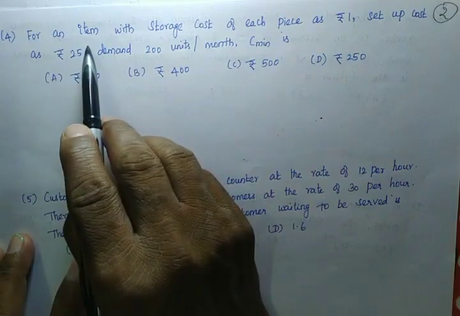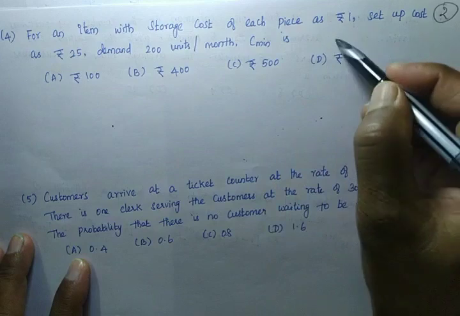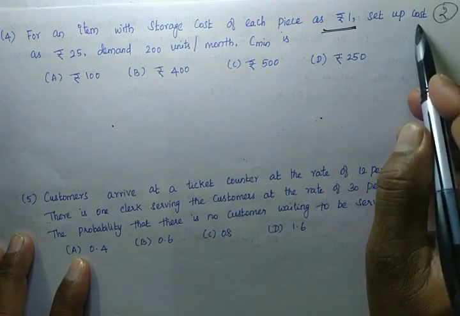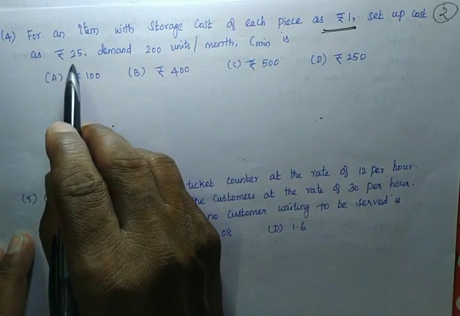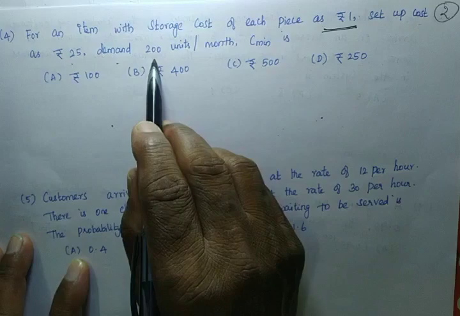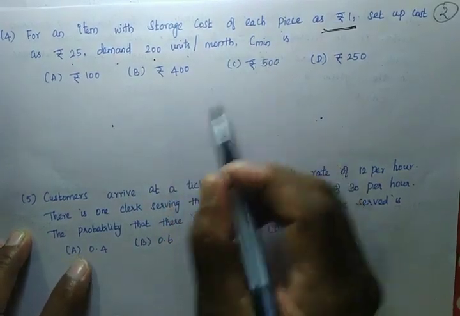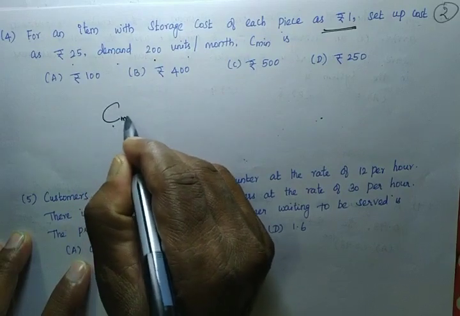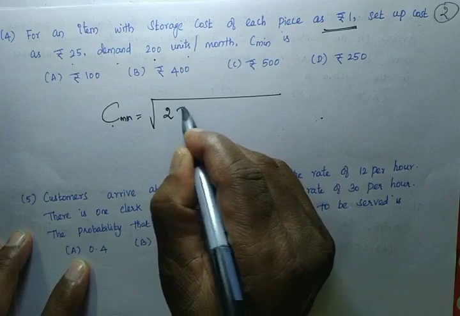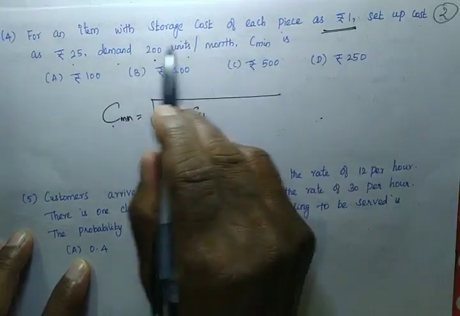For an item, the shortage cost of each piece is rupees 1, the setup cost is rupees 25, and the demand is 200 units per month. They are asking for C min. The formula of C min equals the square root of 2 into D, C1 into CS, where CS is the shortage cost.